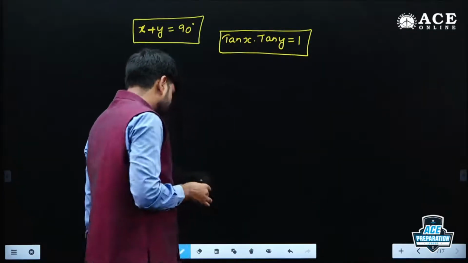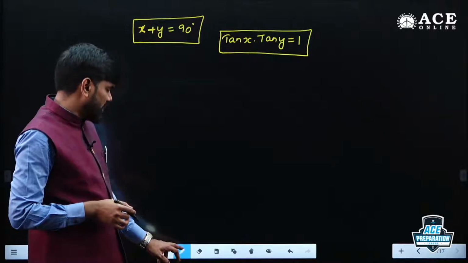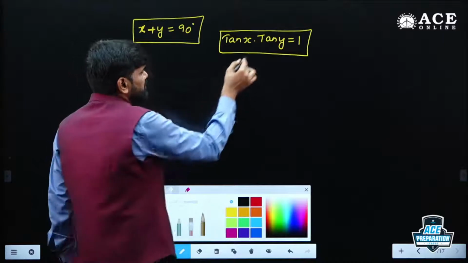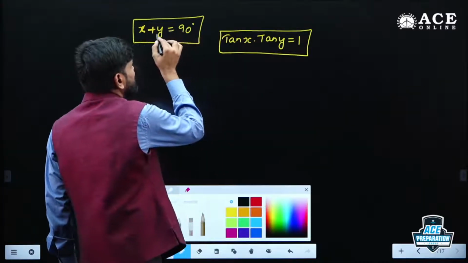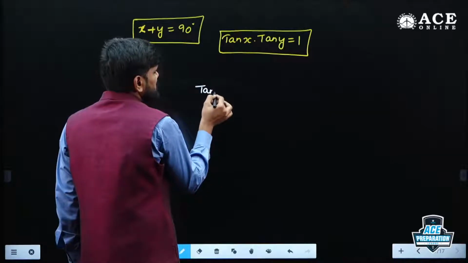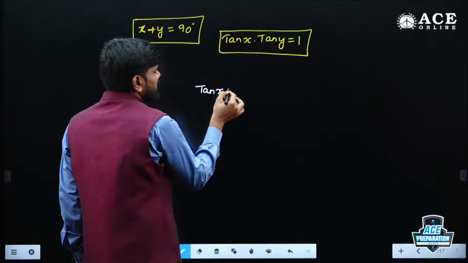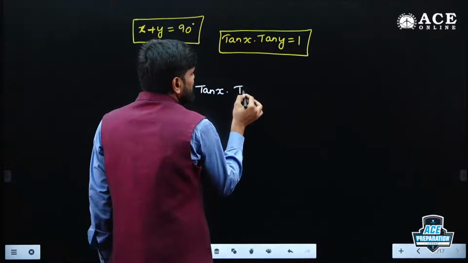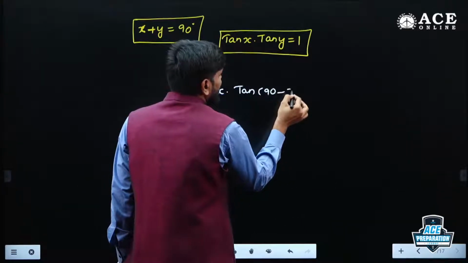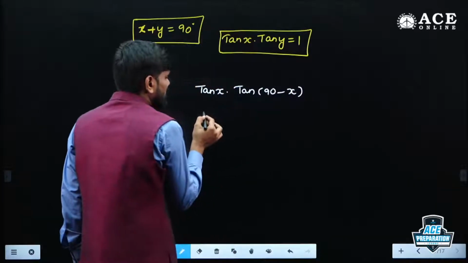You may get a doubt like, sir, how is tan x into tan y equal to 1? So, we know that y equals 90 minus x, that gives you tan x into tan y is nothing but tan x into tan 90 minus x. Tan 90 minus x is nothing but cot x.